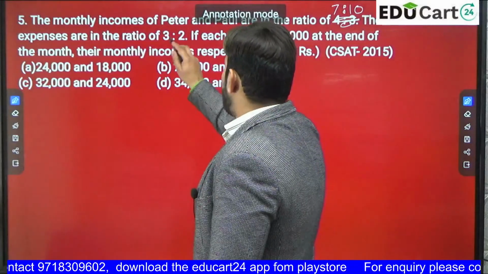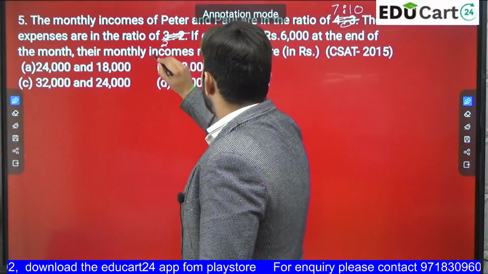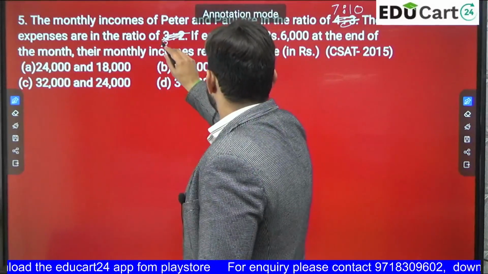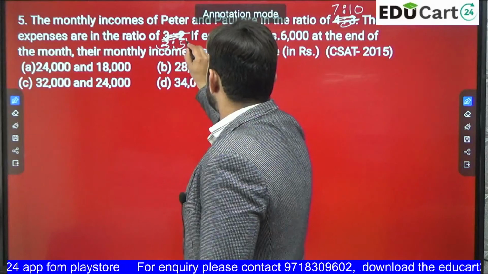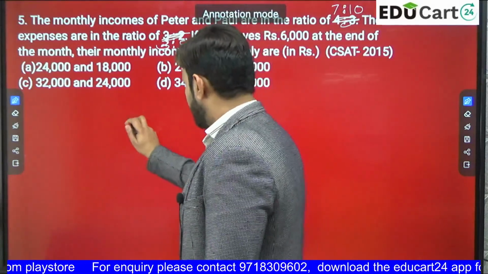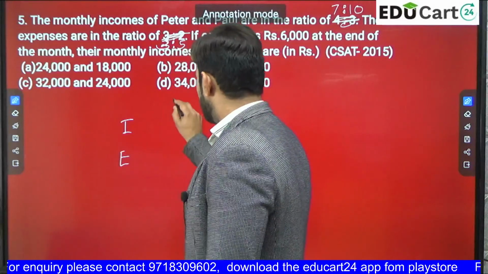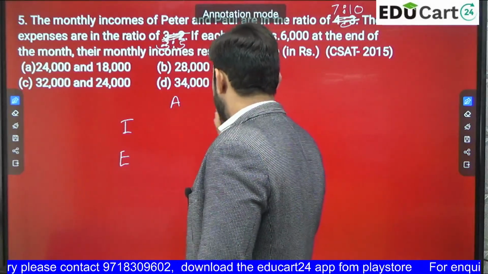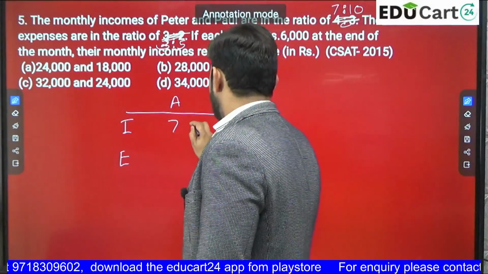And their expenditure ratio is 3:5. I'm writing here income and expenditure. A and B are two persons. Their income ratio is 7:10.